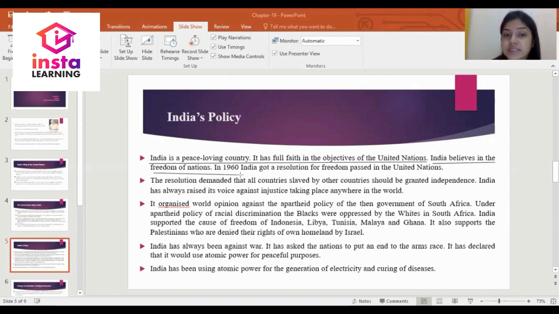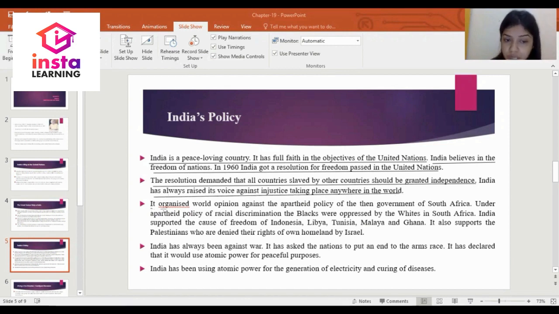In 1960, India got a resolution for freedom passed in the United Nations. Dear students, as you can see on my screen, the resolution demanded that all countries enslaved by other countries should be granted independence. India has always raised its voice against injustice taking place anywhere in the world.